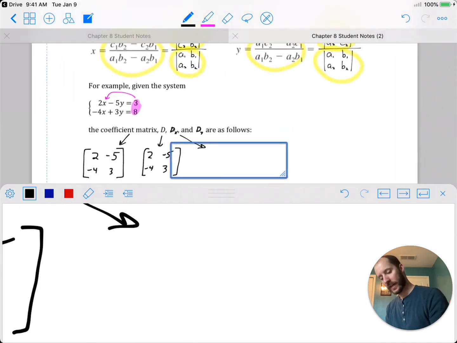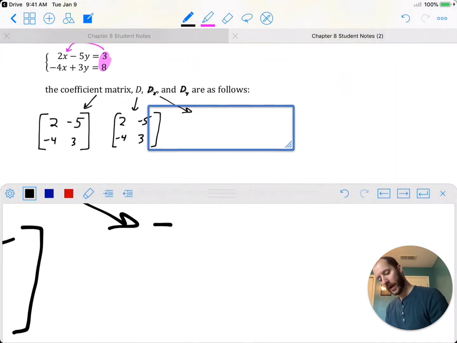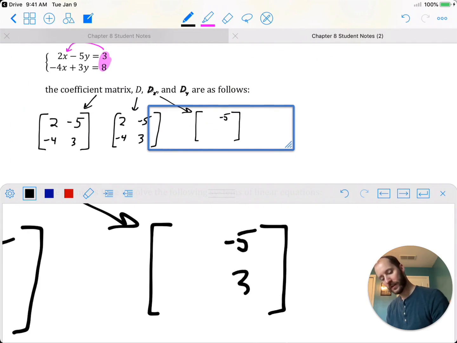So the y's, of course, are going to stay the same, -5 and 3, but the x column coefficients are going to be replaced with 3 and 8.